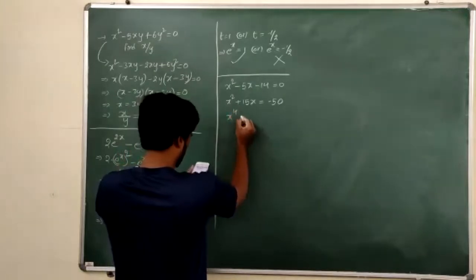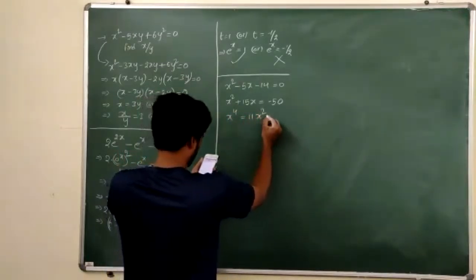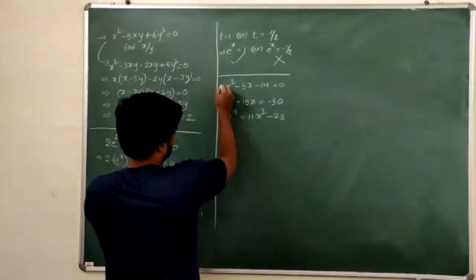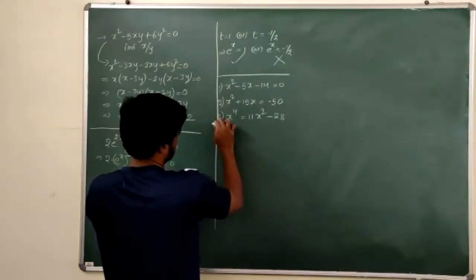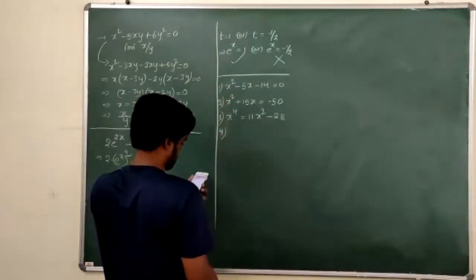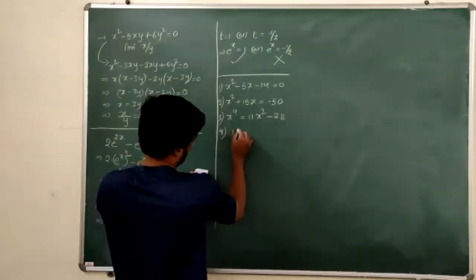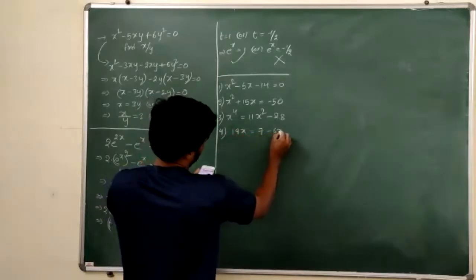X power 4 is equal to 11x square minus 28. Nineteen x is equal to 7 minus 6x square.